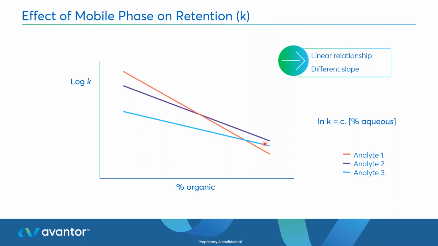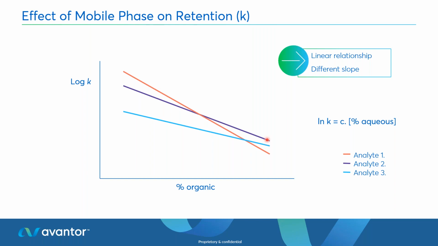If I then chose to change the percentage organic to 20%, now I've got much shorter retention time for all of my analytes, and actually now they elute 1, 3, 2. So my peaks have actually switched around. And this linear relationship is actually something we can use to choose which mobile phase to work at if we want to run an isocratic method and we've got good peak tracking.